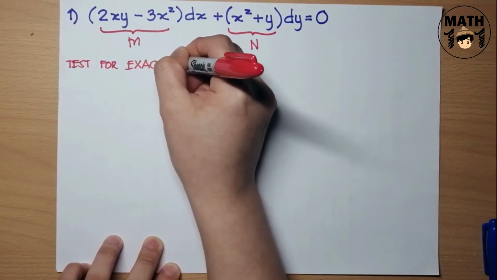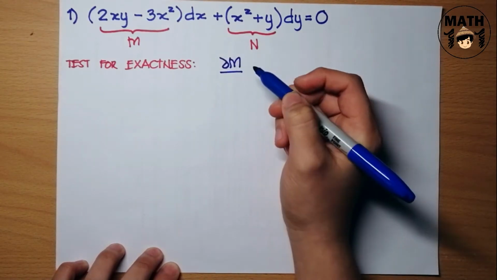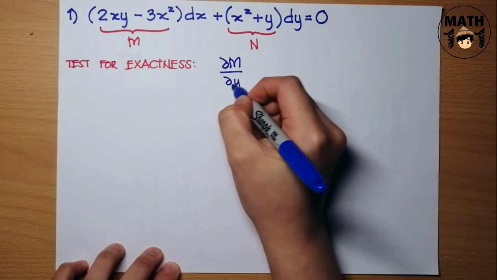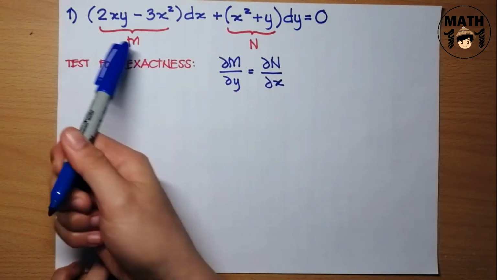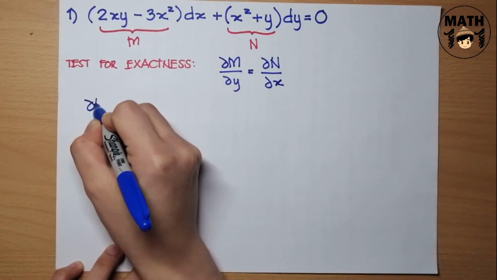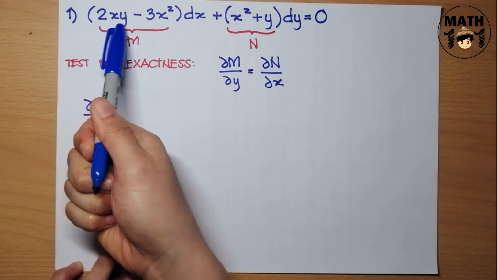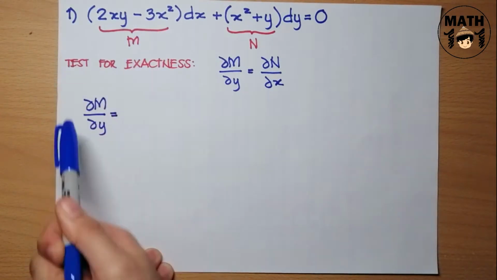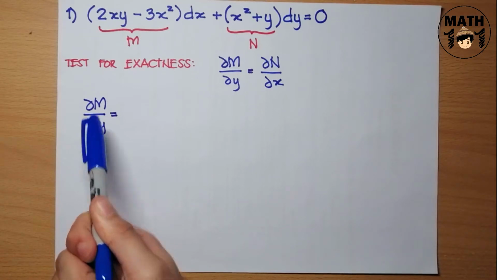So the test for exactness, tingnan natin kung yung partial ba ni m with respect kay y ay equal sa partial ni n with respect kay x. Kunin natin yung partial derivative ng terms na to with respect kay y. So the partial of m with respect to y is equal to, so these terms, si 2xy, again, kung hindi siya yung variable na dinidifferentiate natin, iti-take natin siya as constant.